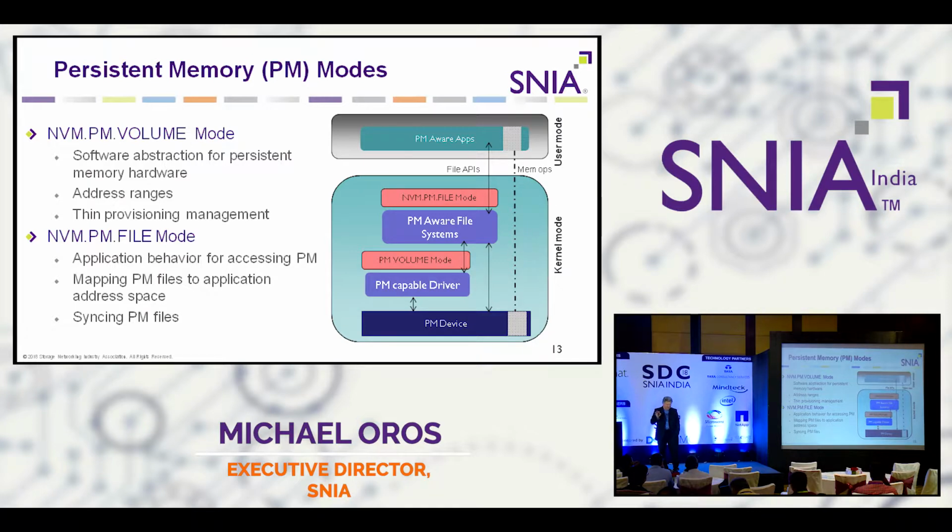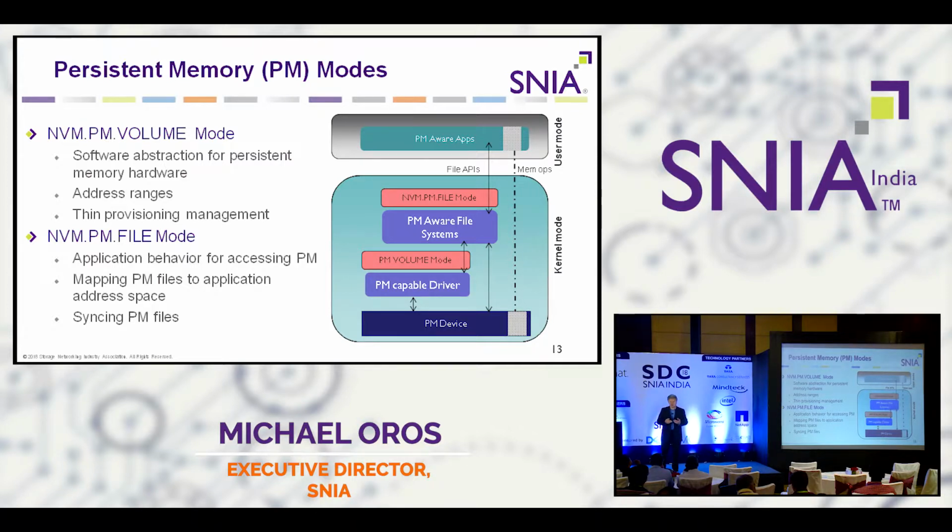This gives you a slightly different and more precise view of the two different modes that we talked about. One is NVM PM volume mode. Again, that's what I call the cheating mode, where it just gets presented as file space, storage space accessible to your application.